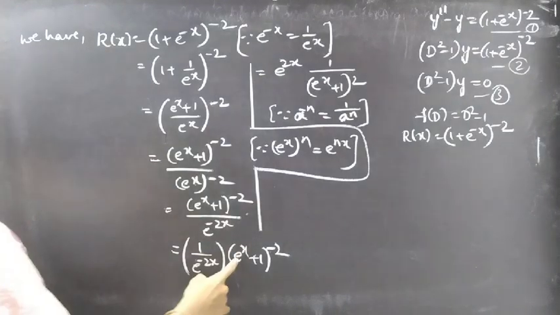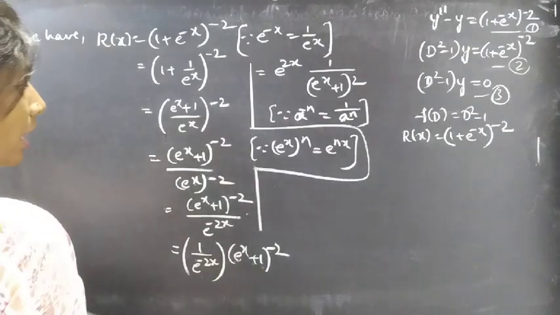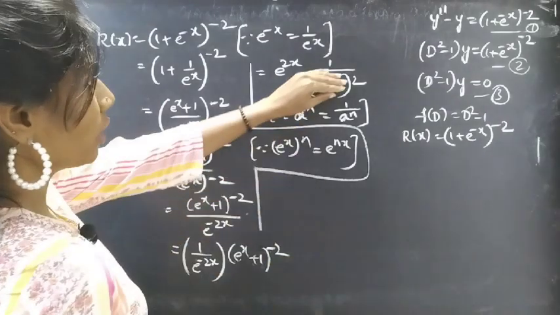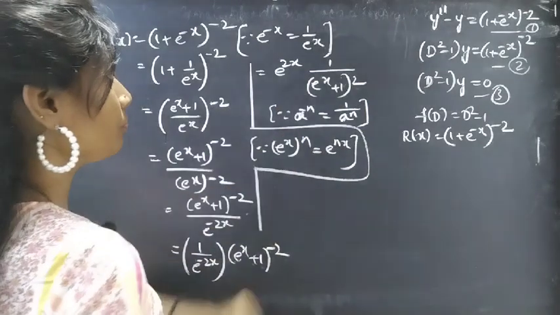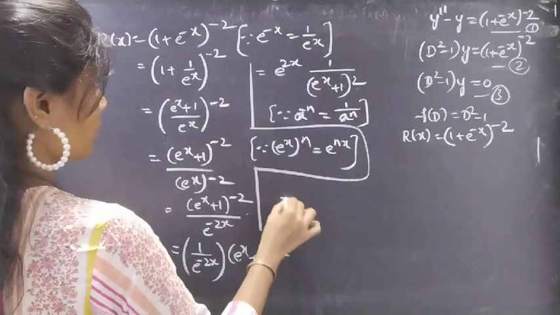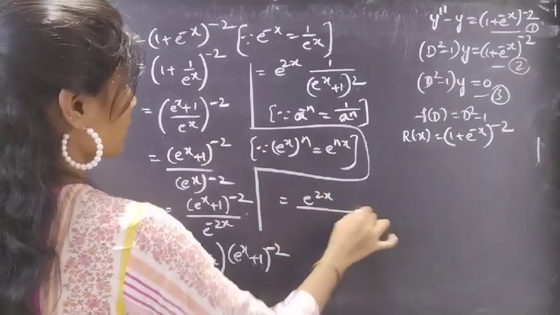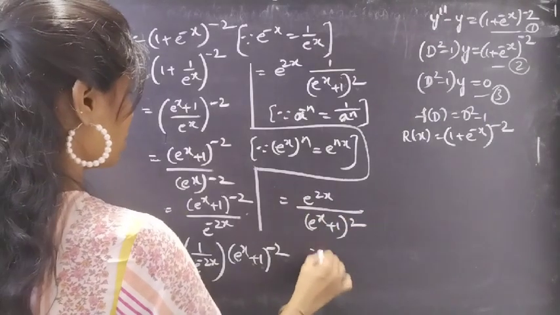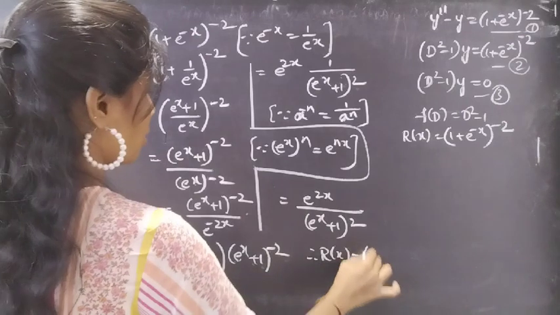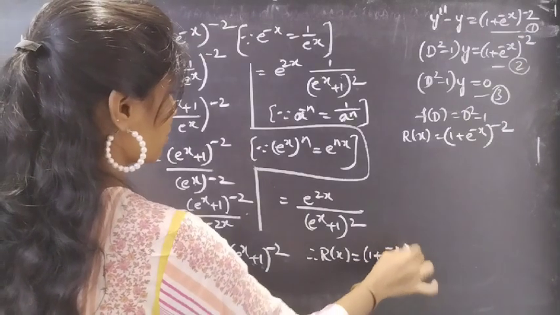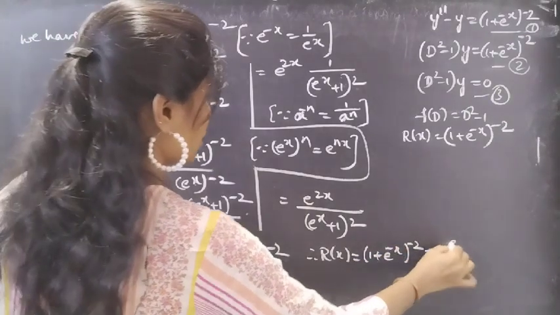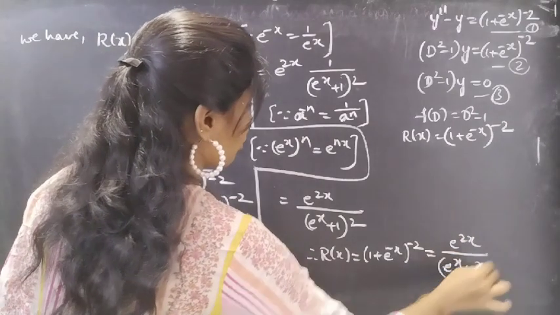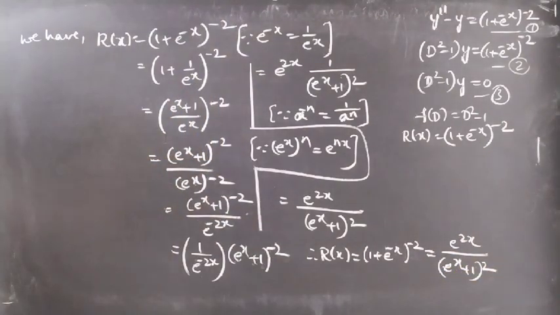Then for a equal to e power x plus 1, we have (e power x plus 1) whole power minus 2 equals 1 by a power 2. Then this becomes e power 2x by (e power x plus 1) whole square. Therefore r of x equals 1 plus e power minus x raised to the power minus 2 equals e power 2x by (e power x plus 1) whole square.